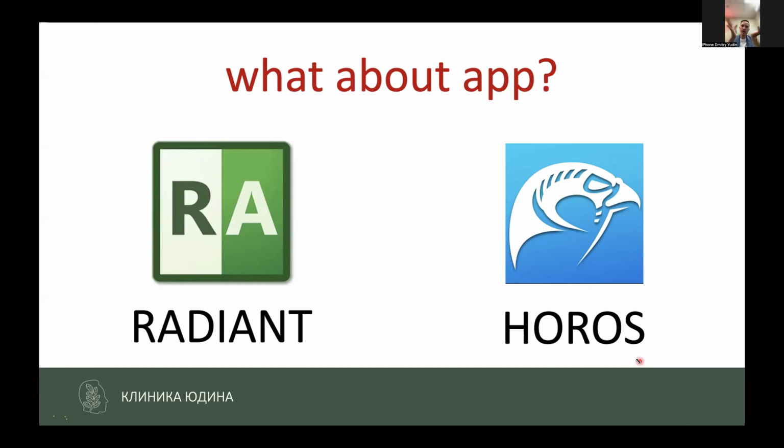I usually use RadiAnt because my workstation runs Windows. But in RadiAnt or Horos, you can use any instruments to find parameters to create individual characteristics to create a new TMJ position by the MRI. So you can choose Horos or RadiAnt, it doesn't matter which you like. The next slide, please.